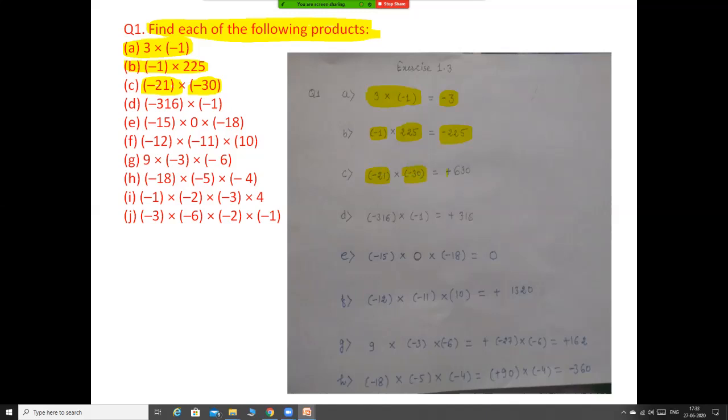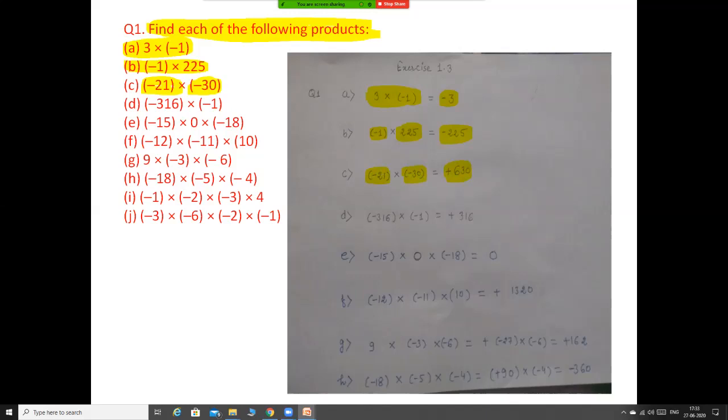Answer is plus 630. If one time minus is there, answer is in negative sign. Here also one time minus, so answer is negative. Two times negatives multiplied, it means answer is positive.